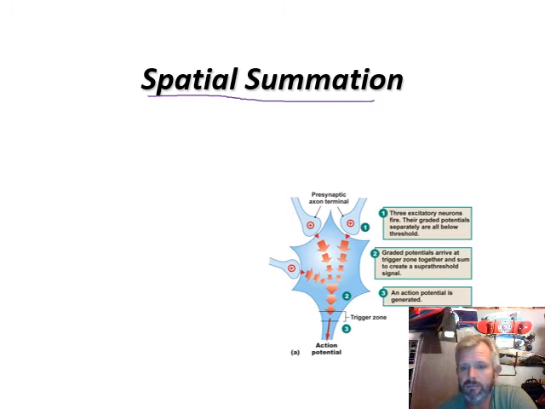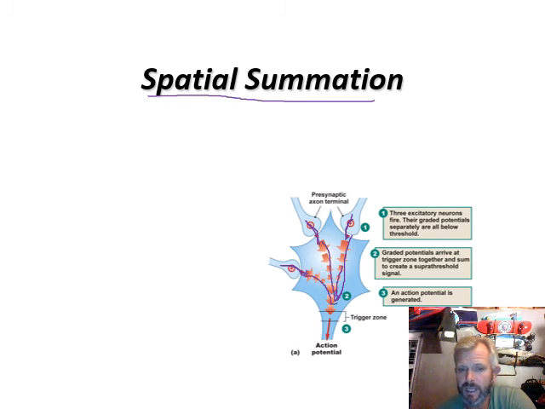Okay, here's multiple neurons. If these multiple neurons are signaling almost simultaneously or within short time of each other, they can move through the cell at roughly the same time, and those signals can be summed together.